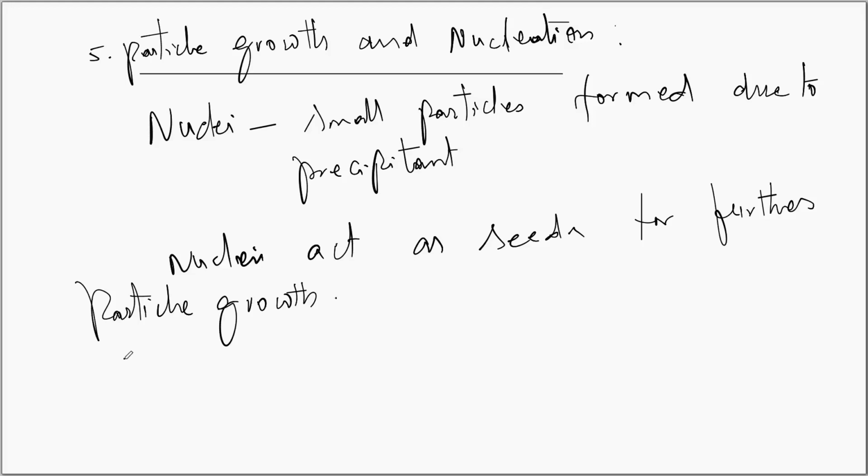The next point is particle stabilization. To prevent the nanoparticles from aggregating, a stabilizing agent or a surfactant may be added. These agents can adsorb onto the nanoparticle surface, providing electrostatic or steric repulsion to hinder particle agglomeration.